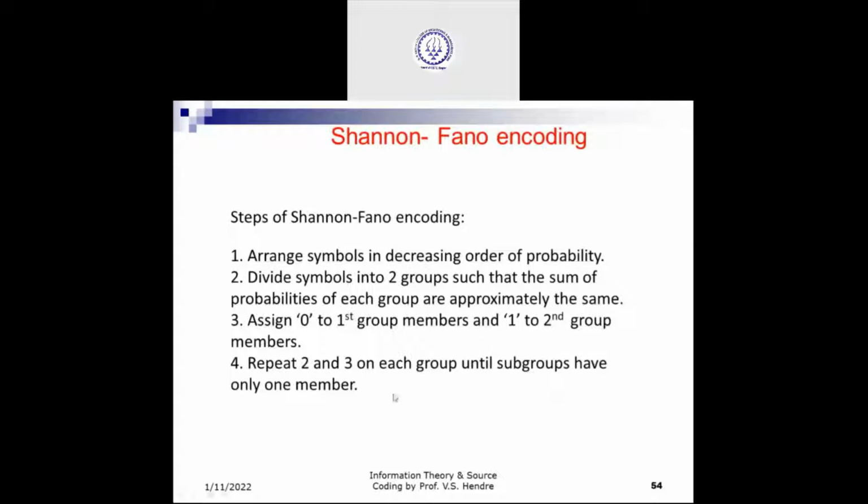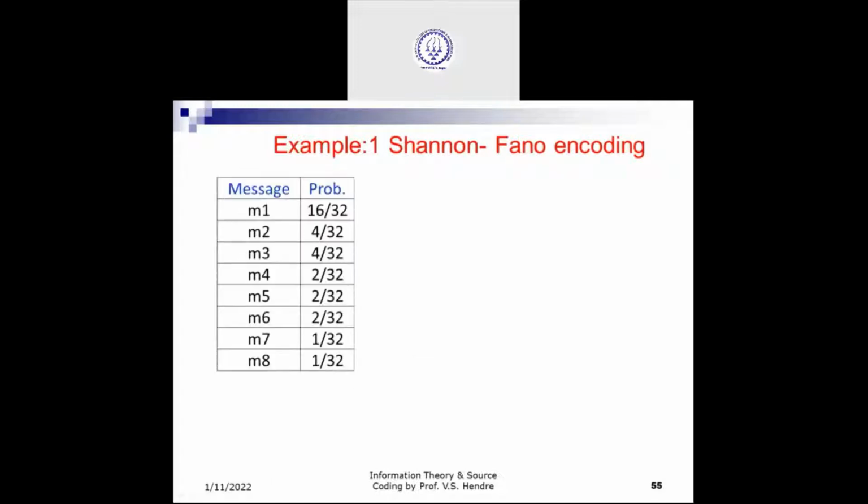It's difficult to understand looking at the steps written as text, but we'll try to understand the implementation by taking a simple example of Shannon Fano encoding.